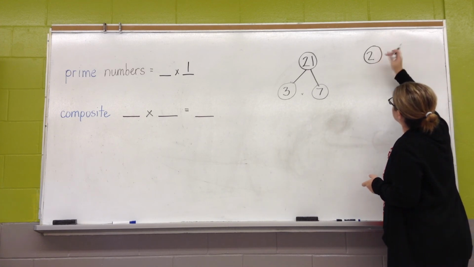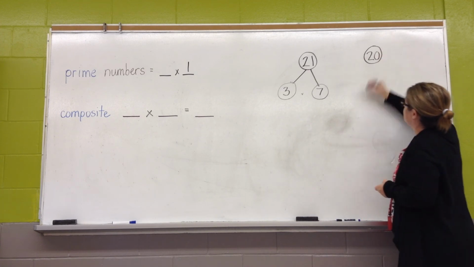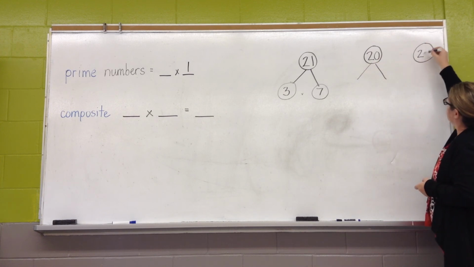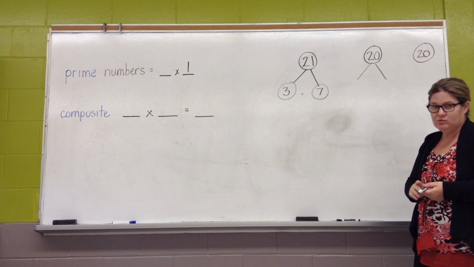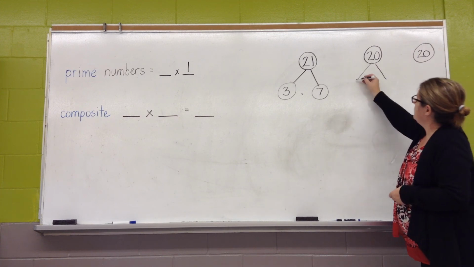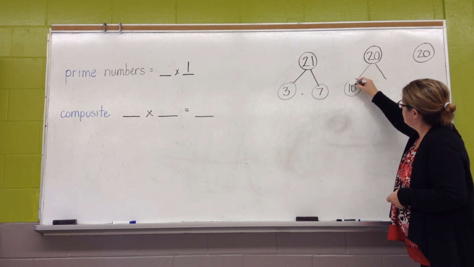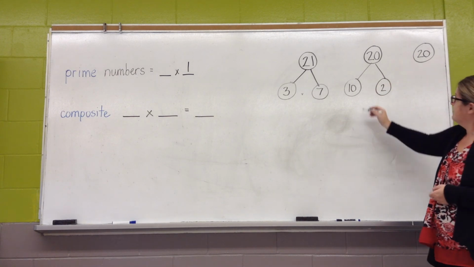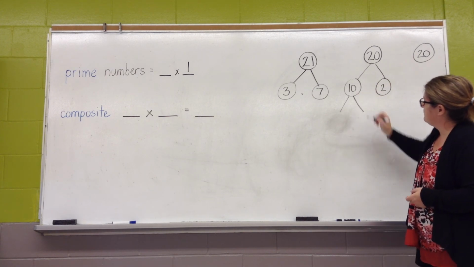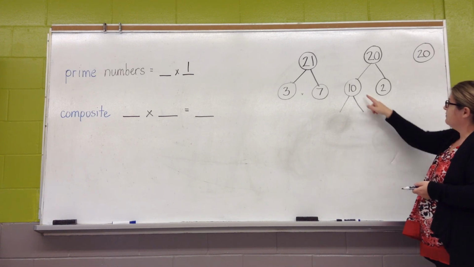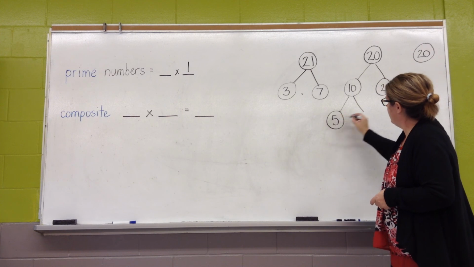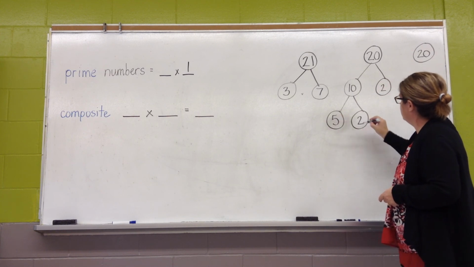If I change this and put the number 20, there are several ways that students could get the number 20. Yes, 20 by 1, but you could also do 10 times 2, and students would have to break the 10 down again because in order to get 10, you could also do 5 times 2.